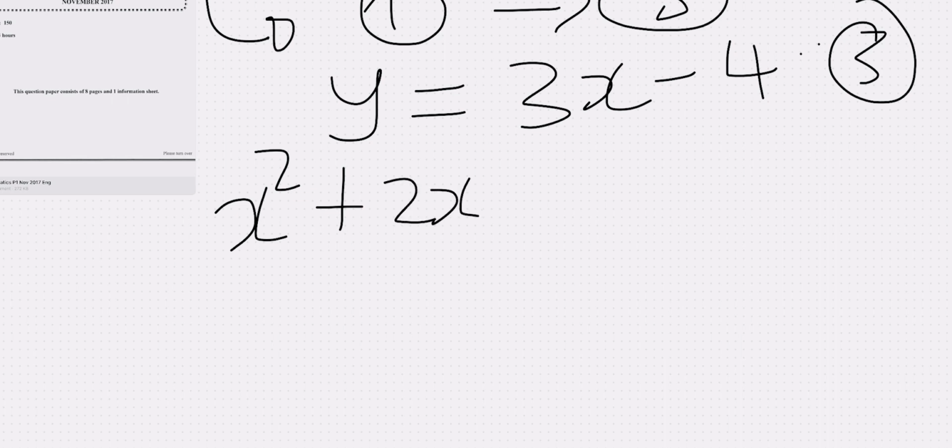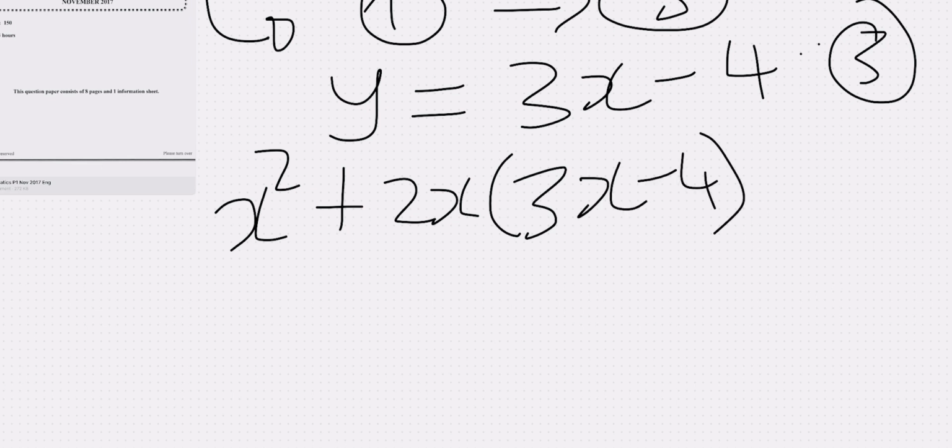But instead of y, what are we substituting? We're substituting equation 3. So instead of y, you open your brackets and you plug in your y, which will be 3x minus 4. And then minus y squared.